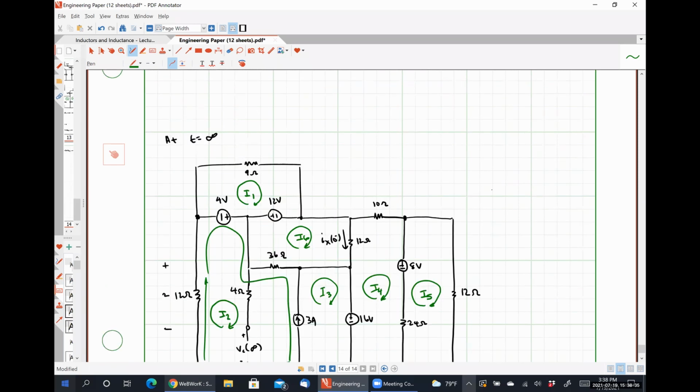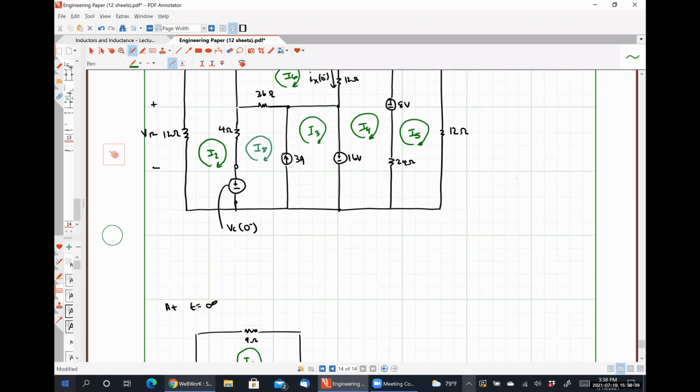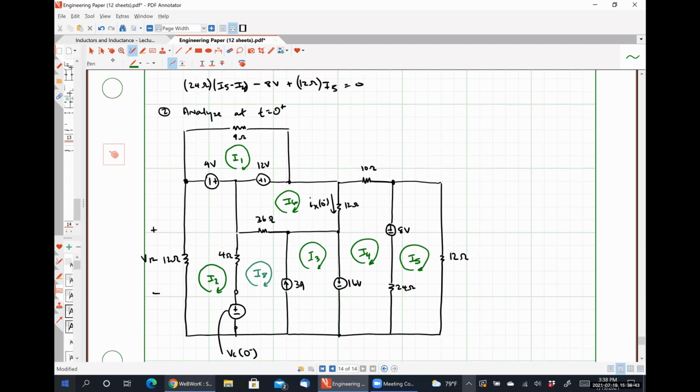So after t equals 0 minus, we don't actually need to know what VC is anymore. So for our analysis at t equals 0 plus, how does Ix at 0 plus relate to our mesh currents? Would that be I6 minus I4, looks like?